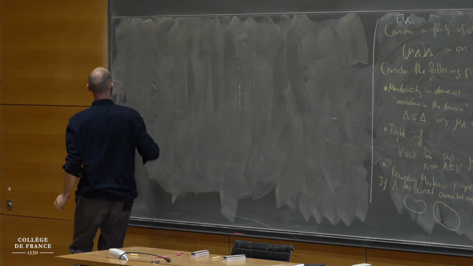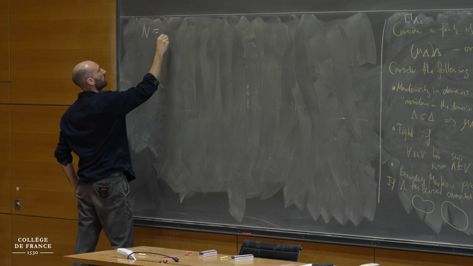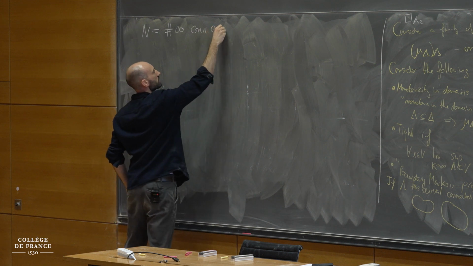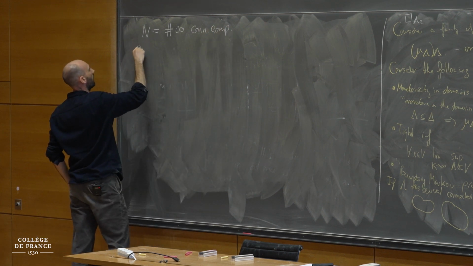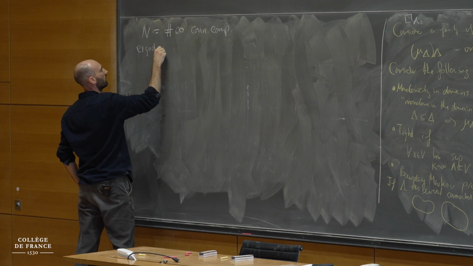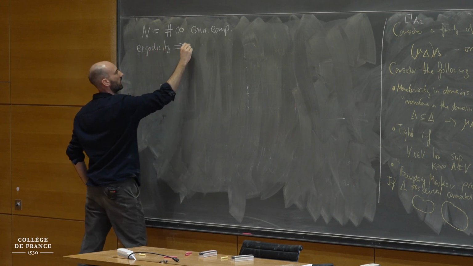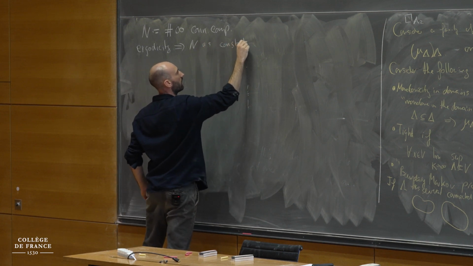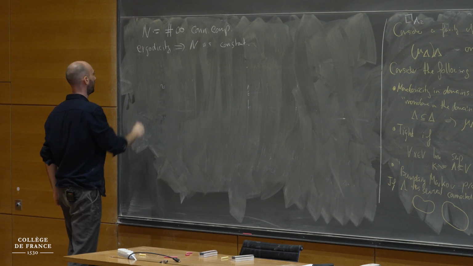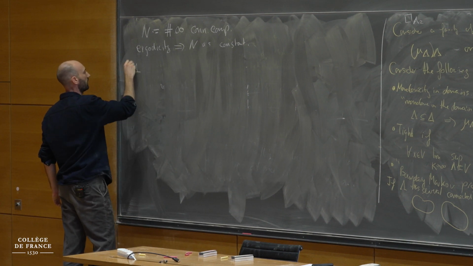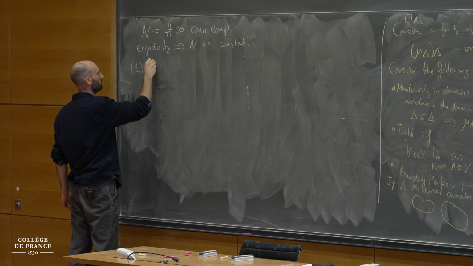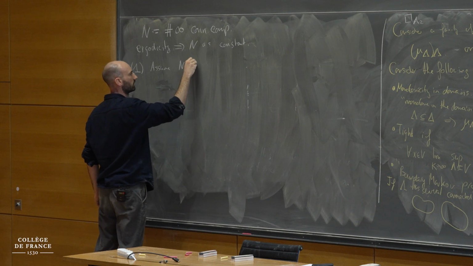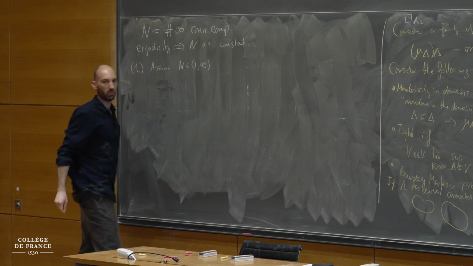So ergodicity implies N is almost surely constant. First, step 1, assume that N belongs to the interval [1, infinity), and we want to derive a contradiction.